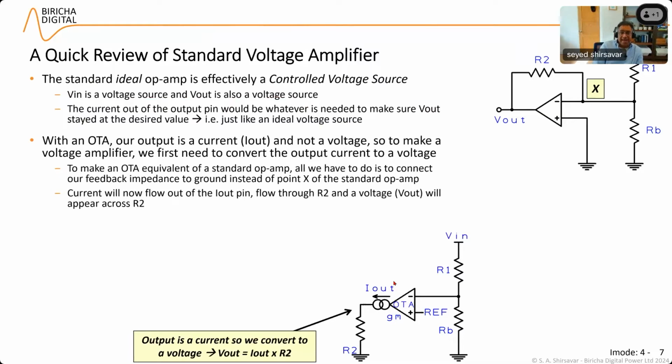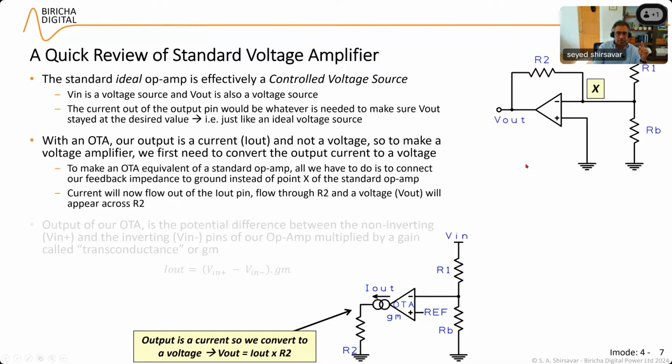A transconductance amplifier's output is a current and not a voltage. So to make a voltage amplifier, you first have to convert it into a voltage. To make an OTA equivalent to a standard op-amp, provided that you don't have many components here, you take this point, cut it here, and connect it down there. So if you imagine this R2 here, I've disconnected it from here, brought it down and connected it to ground.